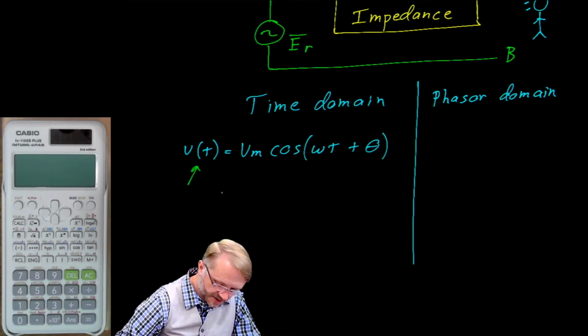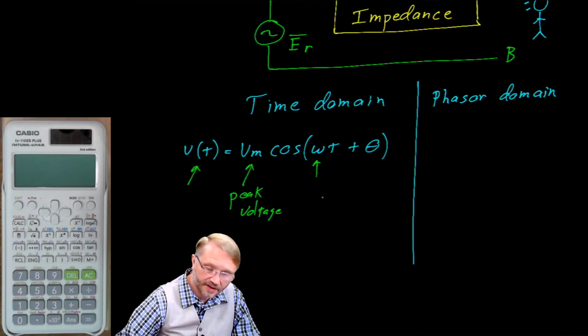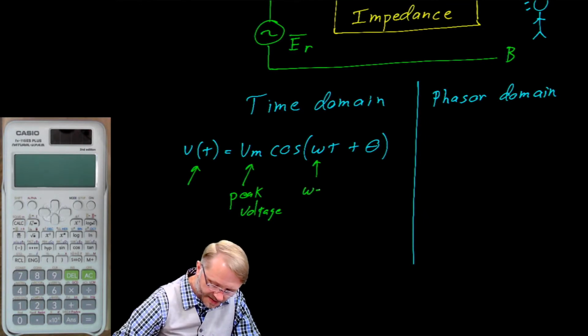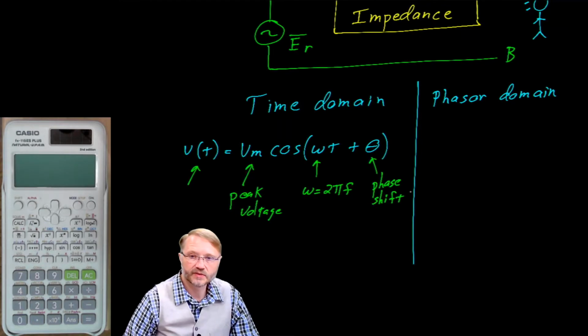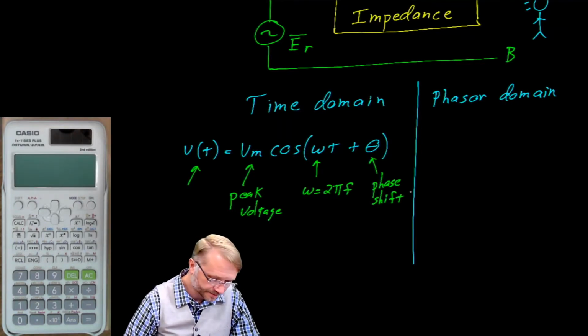Again, this is a voltage as a function of time. This is the peak voltage. Omega is the angular frequency, where omega is equal to 2 pi f. And this is the phase shift, and that will be given in degrees typically.